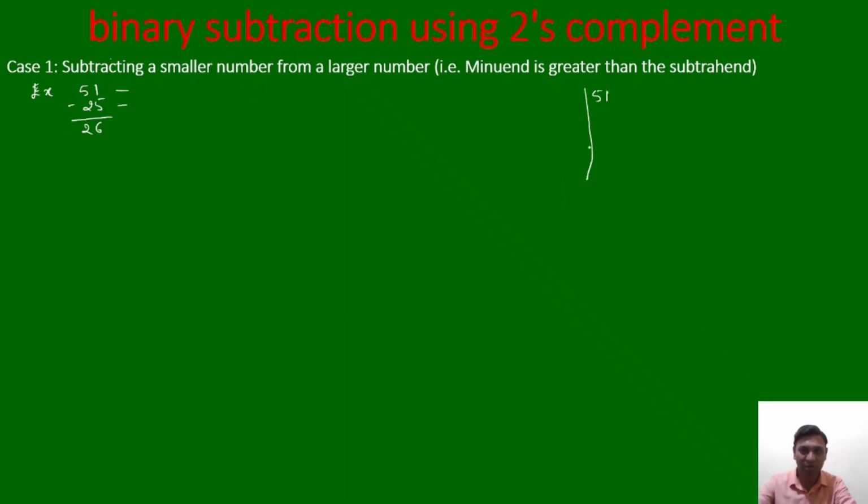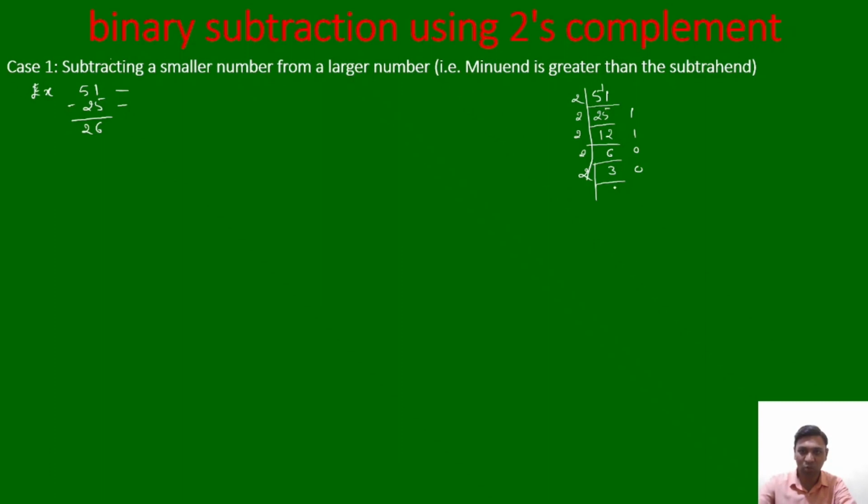So first I'm going to write 51 divided by 2. 2 2's are 4, 1 is the carry, it will become 11. 2 5's are 10, 1 will become the remainder. 2 1's are 2, 2 2's are 4, 1 is the remainder. 2 6's are 12, 0 is the remainder. Next 2 3's are 6, 0 will become the remainder.